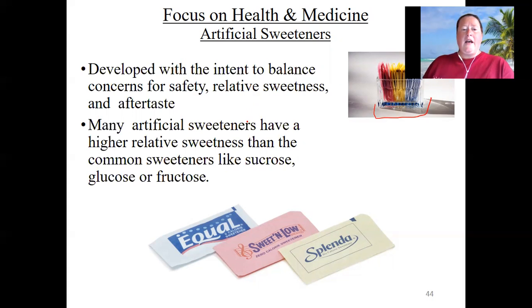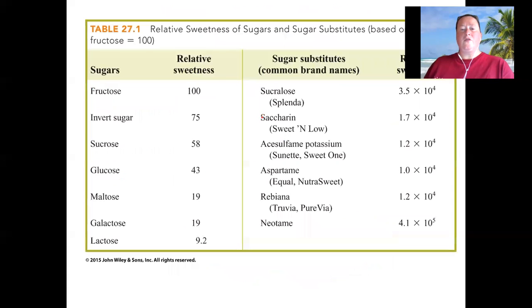They have extremely high relative sweetness compared to actual sweet sugars like sucrose and glucose and fructose. Fructose is the sweetest of all of the sugars, so we give that a value of 100, and you can see that lactose has the least amount of sweetness of the sugars, but here is sucralose, saccharin, aspartame.